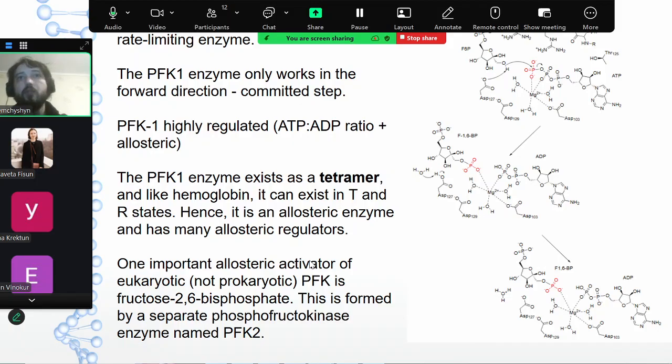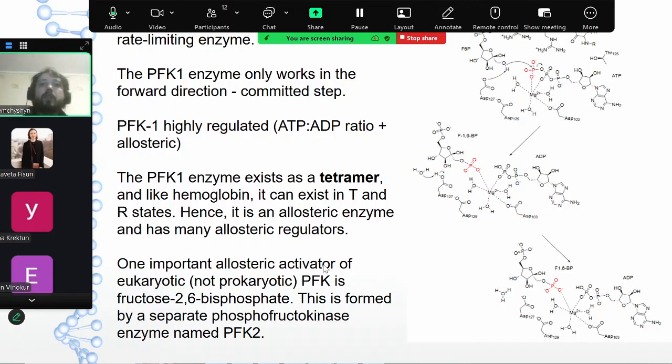Of course, it uses ATP, and the PFK1 enzyme exists as a tetramer. It's like hemoglobin, and it can exist in two states, tense and relaxed. So it has allosteric regulation, and it has many allosteric regulators.